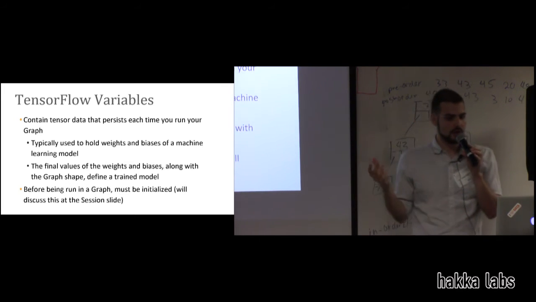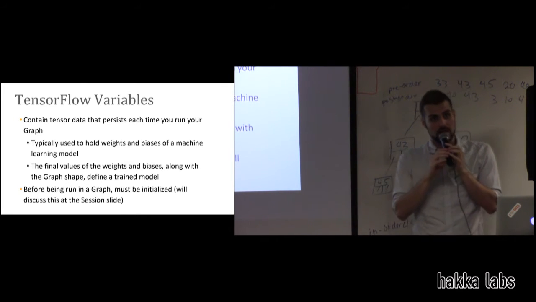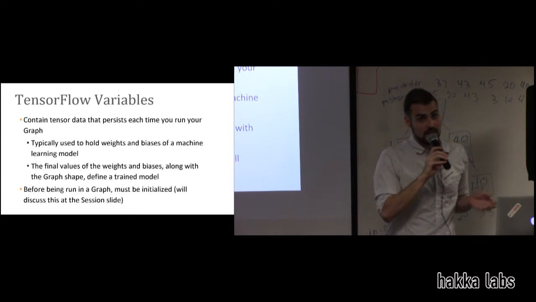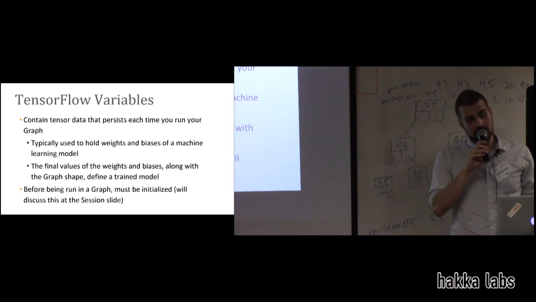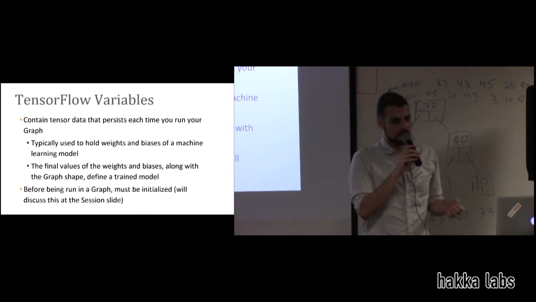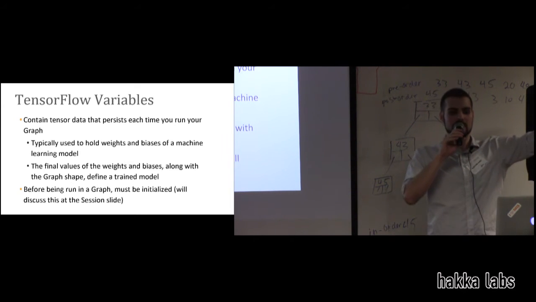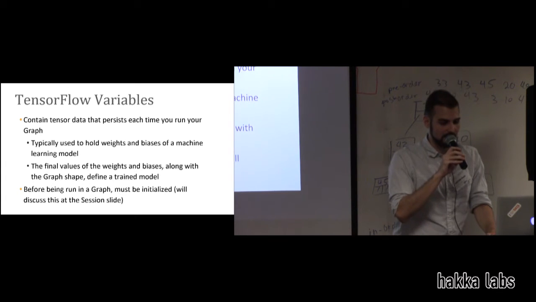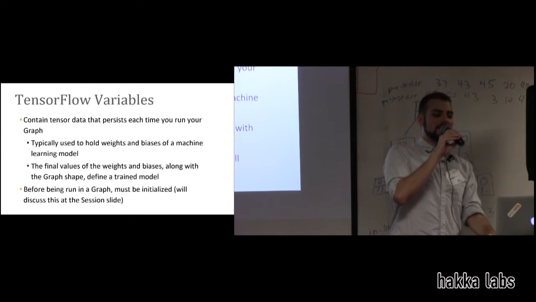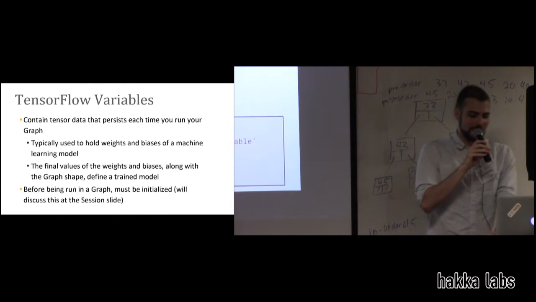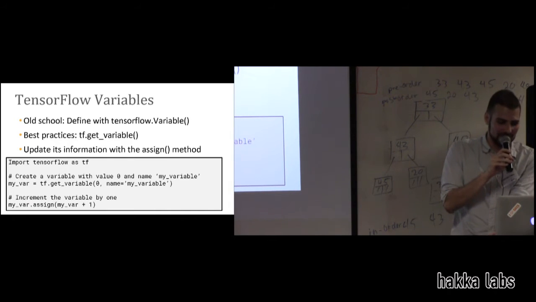So there's an operation called initialize variable that you can use to initialize a single variable, and then you can use a helper method that says initialize all of my variables, which will set your variables to the starting value that you give them. Sorry for spewing that at you.